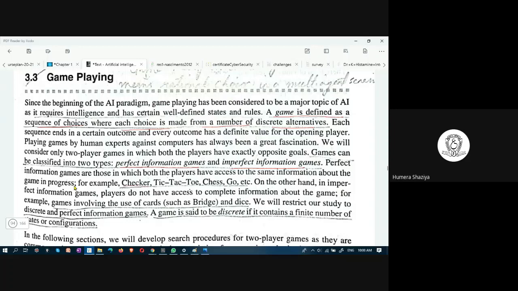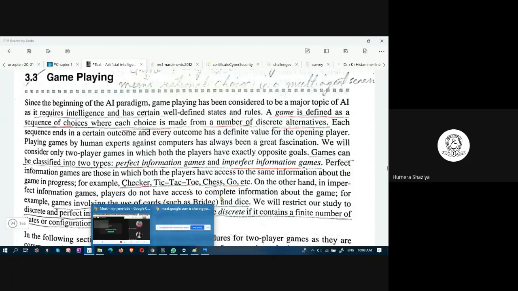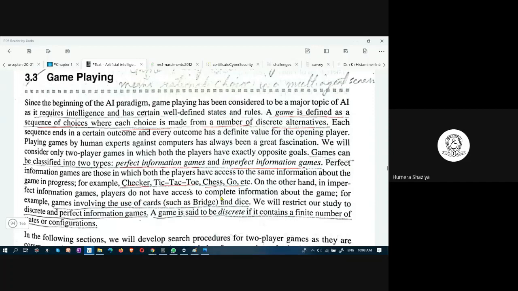Examples: checkers, tic-tac-toe, chess, go. These are the games which have perfect information for both the players. And imperfect games do not have complete information provided to the players.